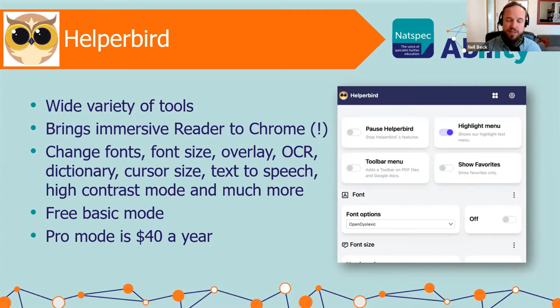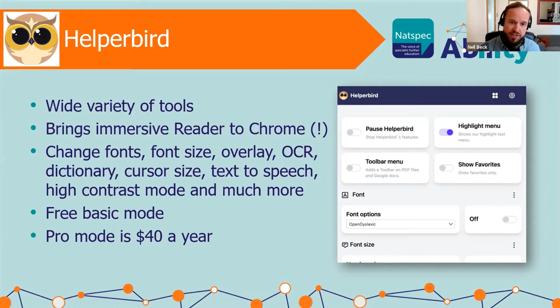So with Immersive Reader, you can change the size, you can have text-to-speech, you have a built-in picture dictionary, you can highlight grammar options, and Helperbird itself has a wide package as well of different tools to change fonts, change the font size, overlay optical character recognition in your browser, which means it can read out text from pictures.